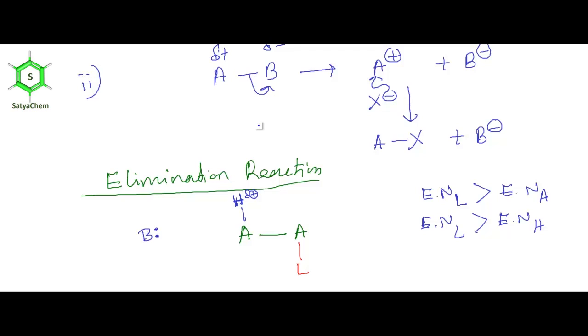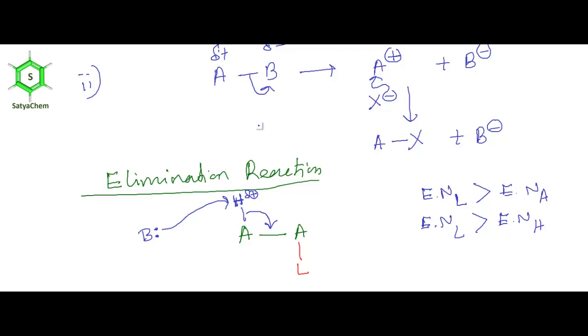Now say there is another B, and there is a lone pair on B. It happens that B abstracts H delta plus as H plus. As B is abstracting H delta plus, the bonded electron pair in the C-H bond now moves between the A-A bond, forming a new bond.